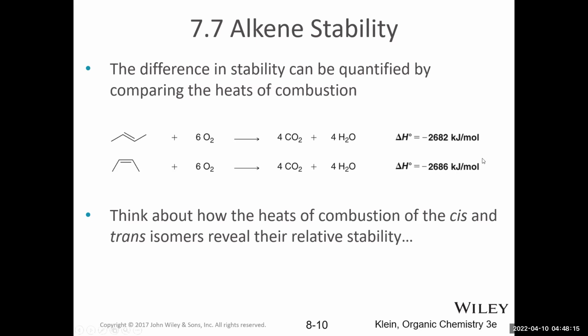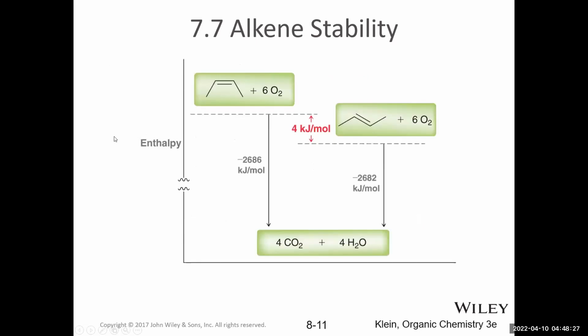So what we'll see here is a little bit more energy, about 4 kilojoules per mole, is given off during the combustion of the cis isomer compared to the trans isomer. And so if you think about that in terms of an energy diagram, because 4 kilojoules per mole more energy was given off during the combustion of the cis isomer, that started out at a higher relative potential energy. And so we say that's higher energy or less stable than the trans isomer.